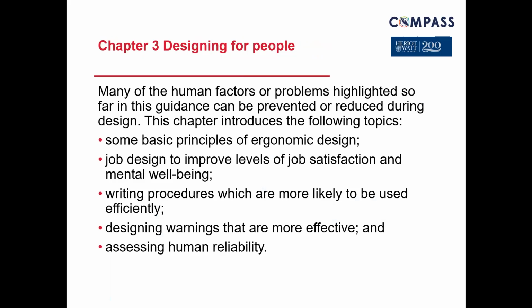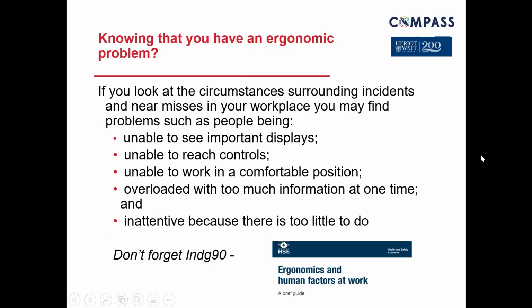Chapter 3 then, which is quite a big section, looks at ergonomic design, job satisfaction from a mental well-being point of view, the procedures that need to be in place to support that, to make those ergonomics aspects efficient, and human reliability around those areas from design. Now, I thought it worth looking at some of that, but also I thought it even better to think about wider reading.